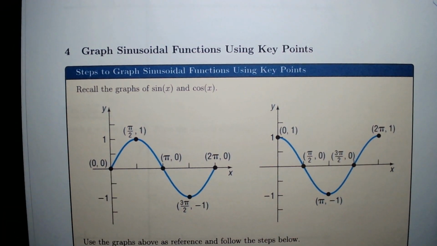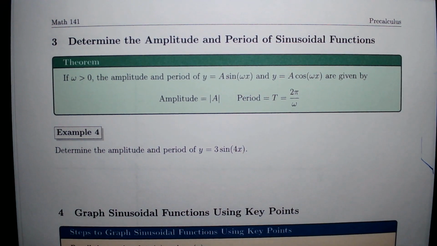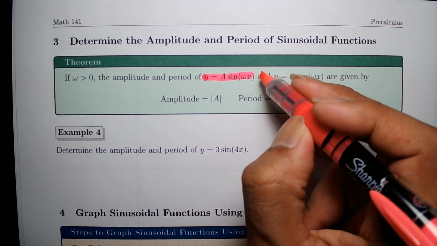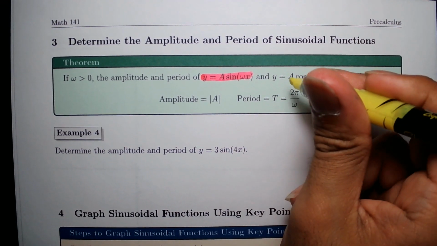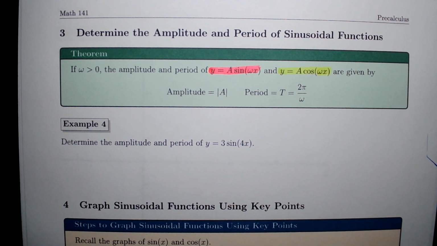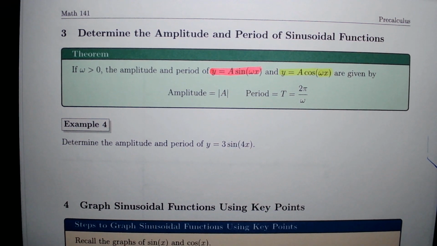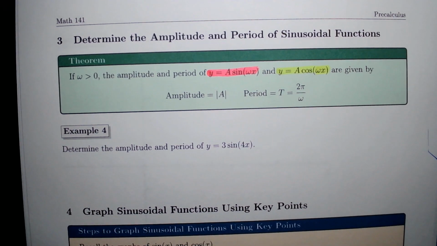determine the amplitude and the period of the sinusoidal function. Well, when we have a function of this form, the sine and cosine with its horizontal compressions and vertical compressions only, the absolute value of whatever number multiplies the function is going to give us the amplitude, and the amplitude is pretty much a measure of how high the function goes, or how low the function goes.